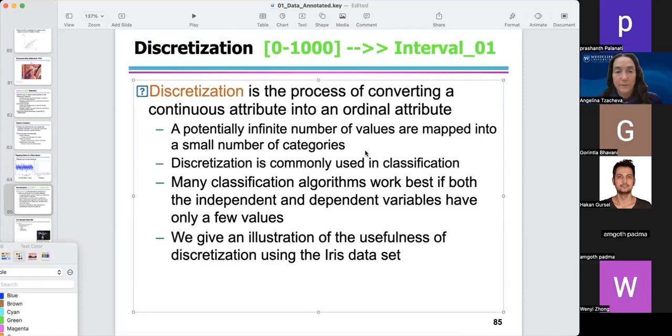Then we can have interval 2 from 1,000 to 2,000, interval 3 from 2,000 to 3,000, and so on. So the discretization is the process of converting a continuous attribute into an ordinal attribute.